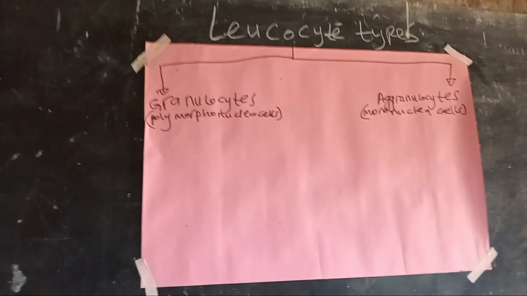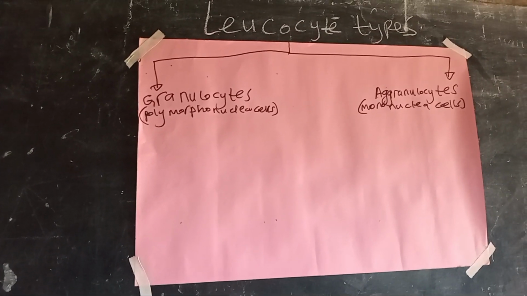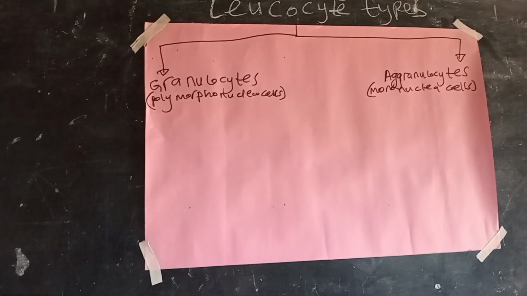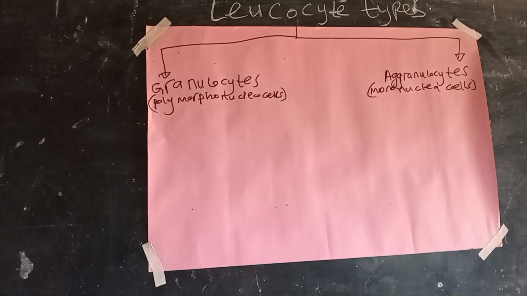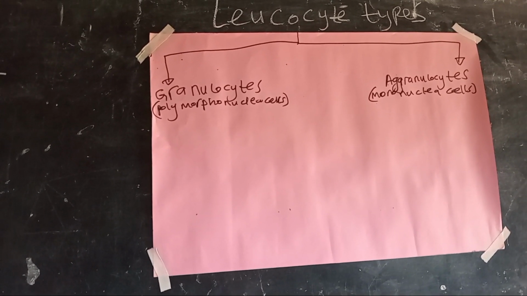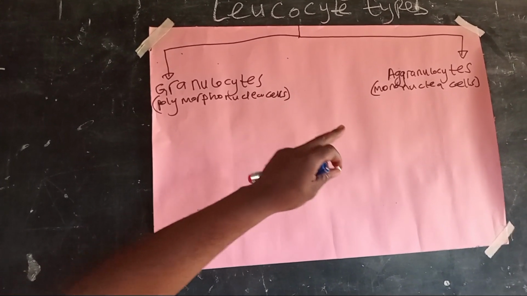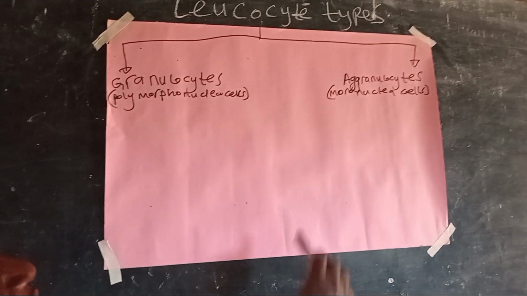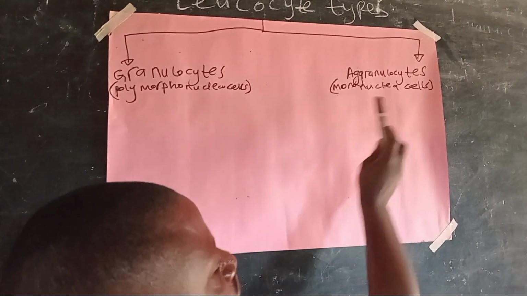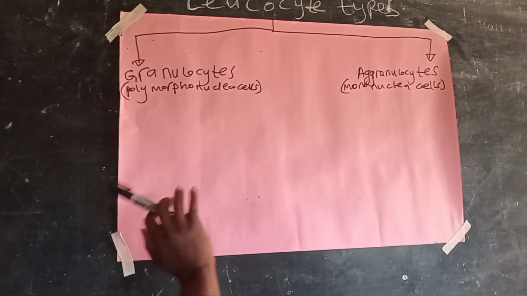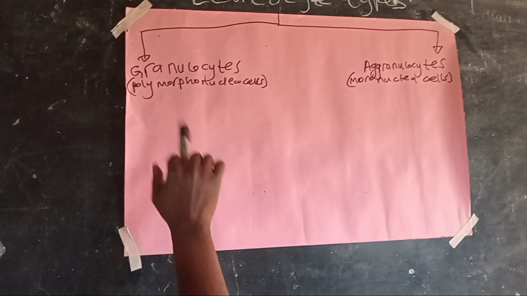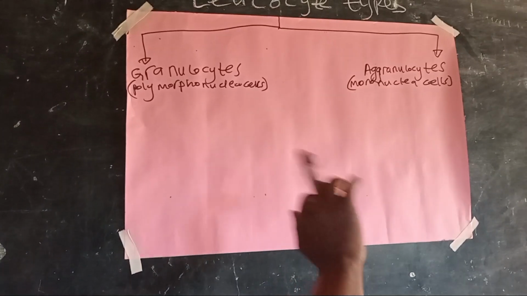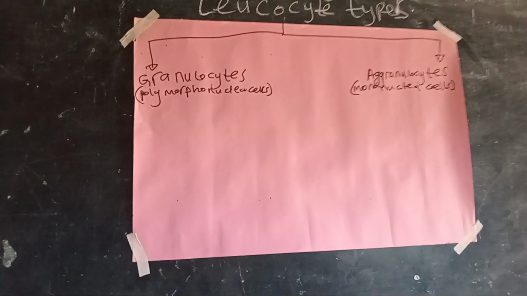The other ones don't have granules, that's why they are called agranulocytes. But it's not that they really don't have granules. They have non-specific granules, but the granulocytes have specific granules. The other ones don't have specific granules.